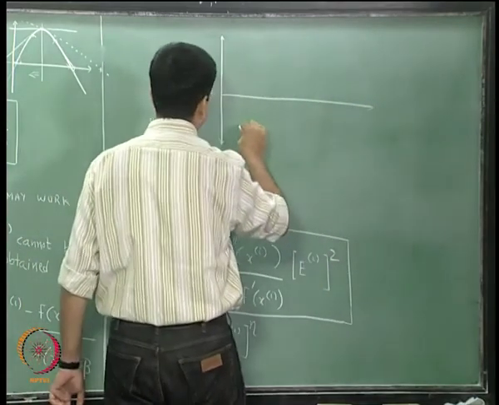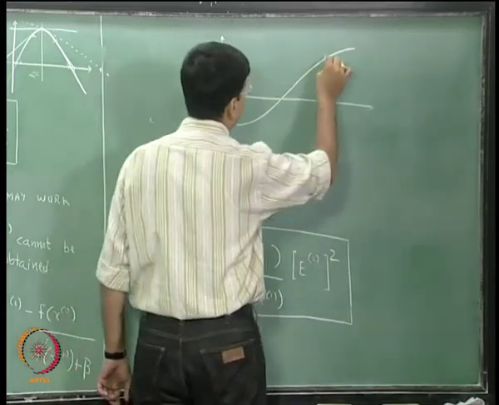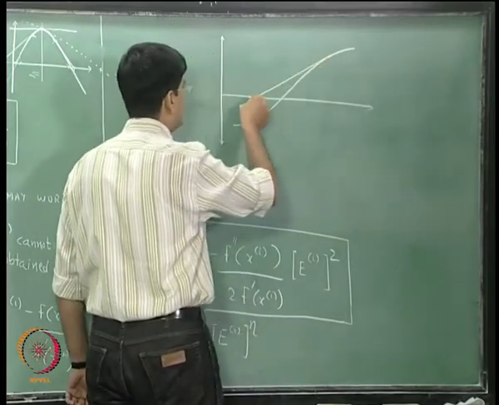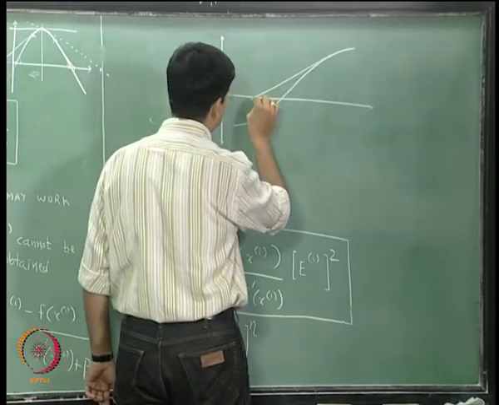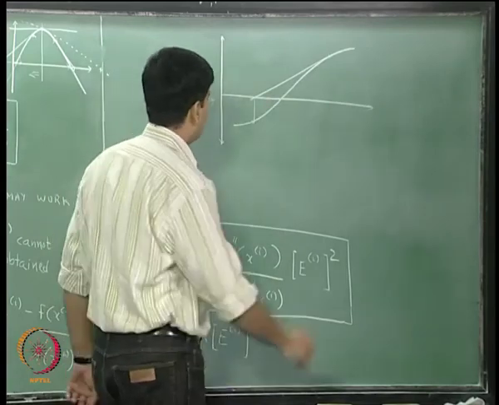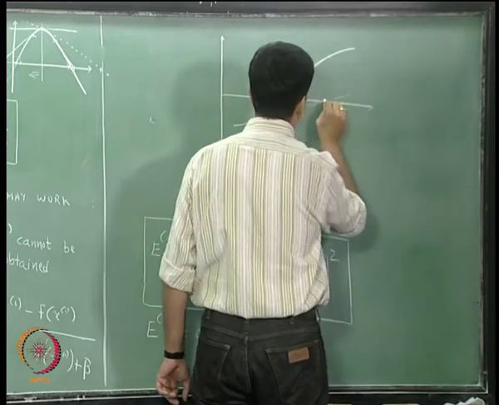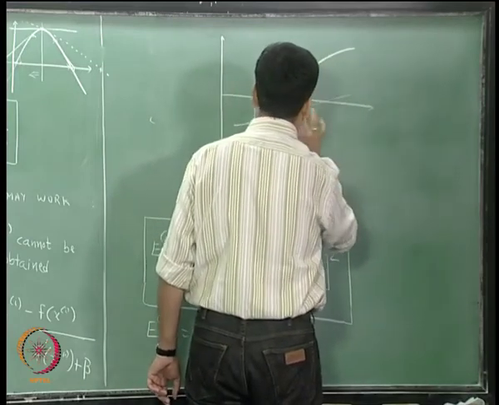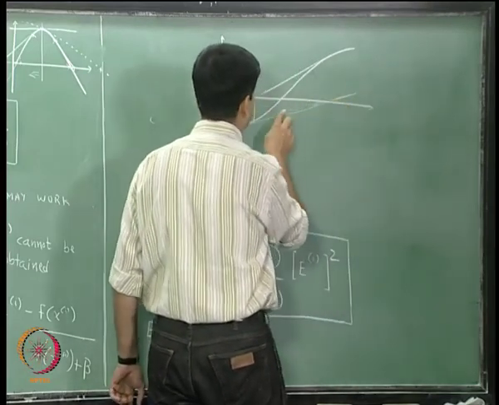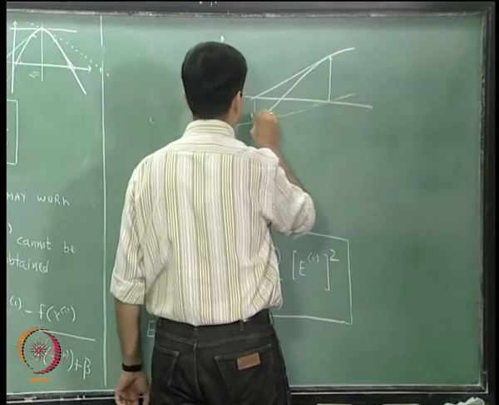Let us say a curve is of this type, and let us say we start off with this as our initial guess, and we get a tangent that looks like this. This is going to be our x i plus 1, and the tangent that we draw at x i plus 1 would end up intersecting, let us say, somewhere over here, okay, and this point again goes back to this.